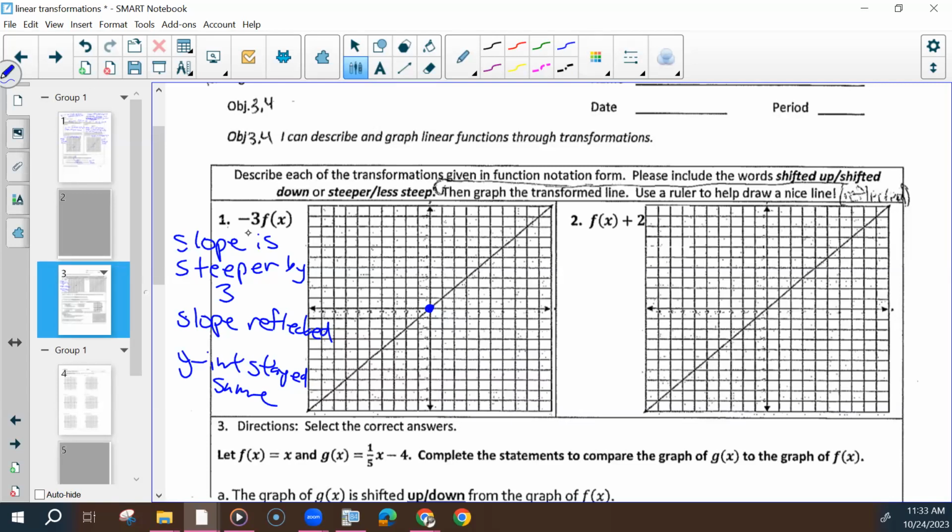Would it go up and then right or left? Left. So it has to go left because it's reflected, so it has that negative. So up 3 to the right 1 as many times as possible. And then left 1, and then down 3, right 1 as many times as possible. Connect all of those points.